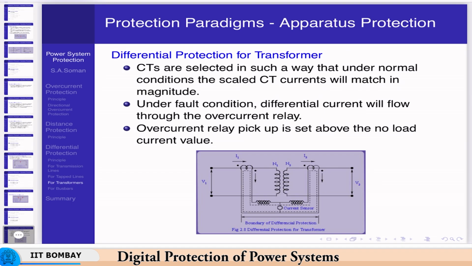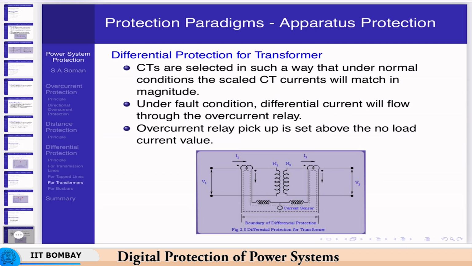Now if there is a fault inside the zone protected by the transformer, the zone being defined by the two CTs here, then the fault could be due to any reason. There will be a turn to turn short, or a turn to ground short, or a turn to core short, or some abnormal occurrence inside the transformer.